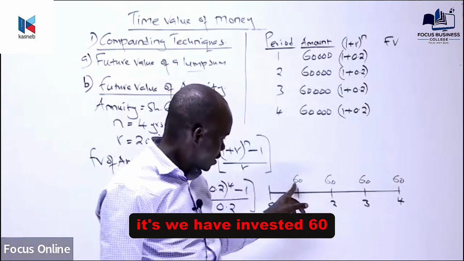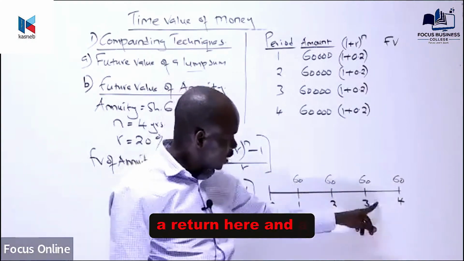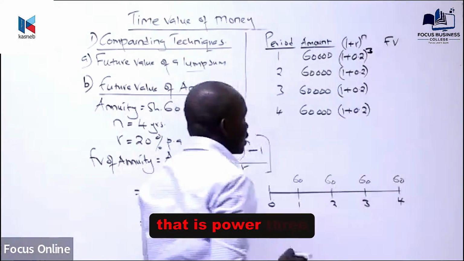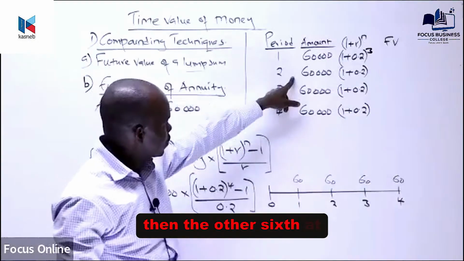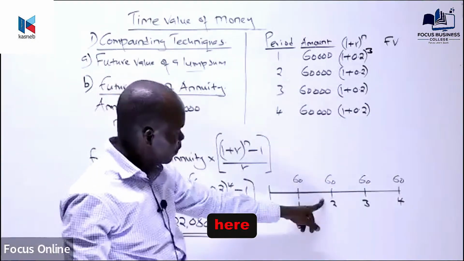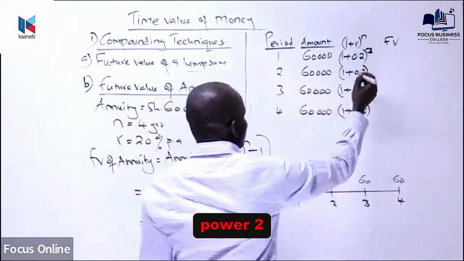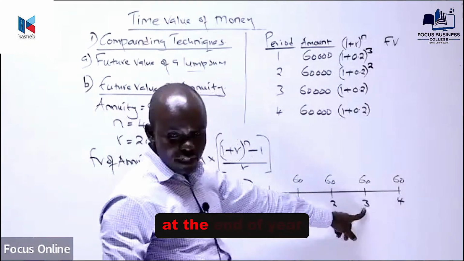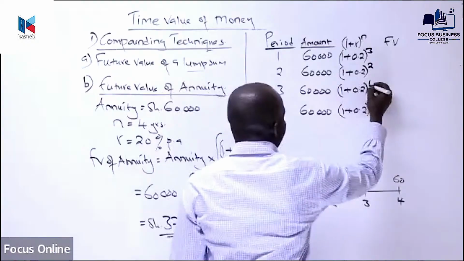We have invested 60 here, so it will earn a return here, a return here, and a return here. So you say power 3. Then the other 60 at the end of year 2 will earn interest here and here, so you say power 2. The 60 that you invest at the end of year 3 will earn interest once, so you say power 1.